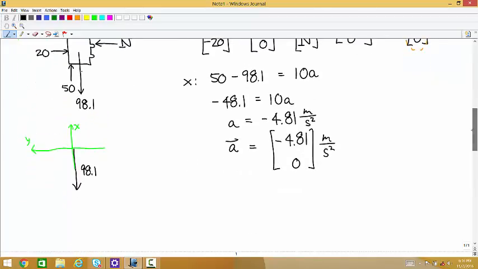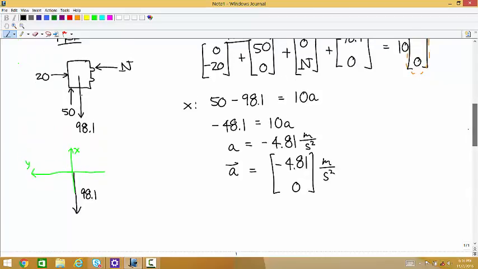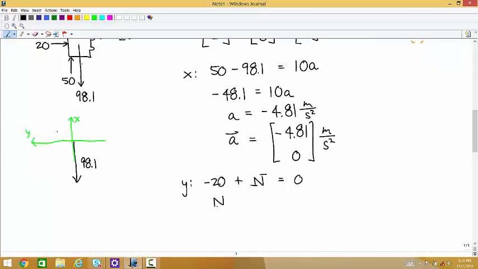And then the y equation says negative 20 plus n is equal to 0. So n is equal to positive 20 newtons.